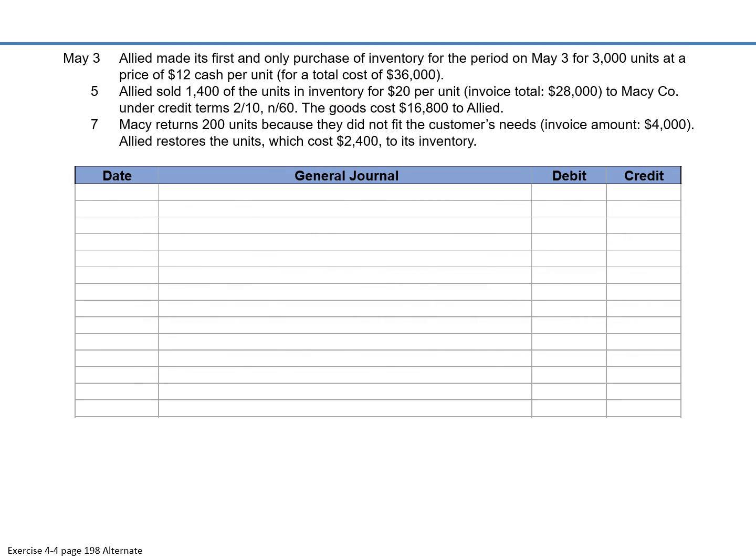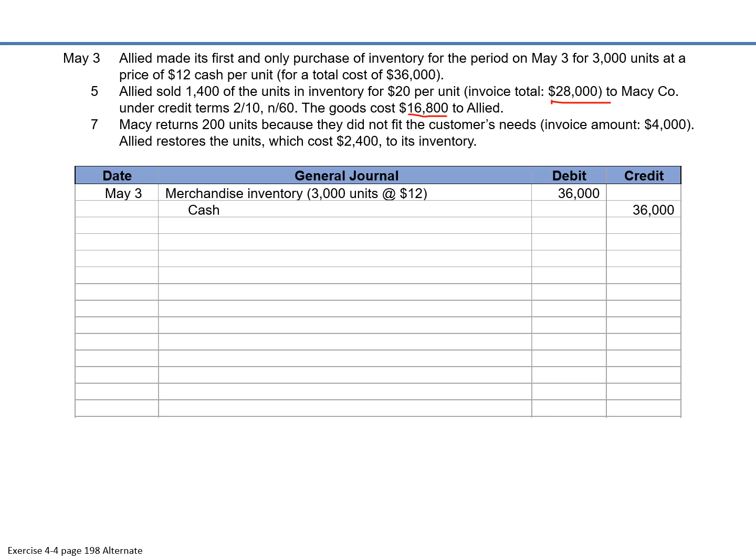Okay, so on May 3rd, Allied made its first and only purchase of inventory for the period: 3,000 units at a price of $12 per unit. So total cost of $36,000, debit inventory, credit cash. Then on May 5th, they sold 1,400 units of inventory at $20 per unit. Invoice totals $28,000, so that's our revenue side.